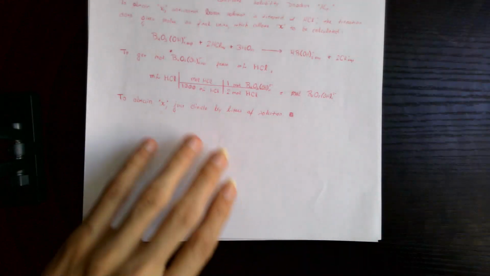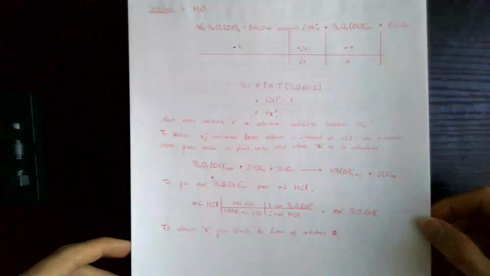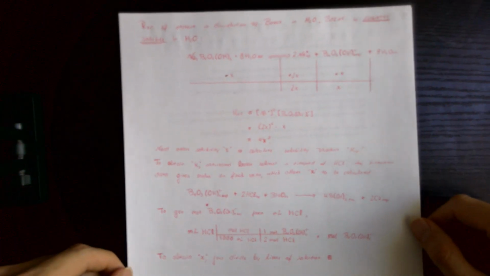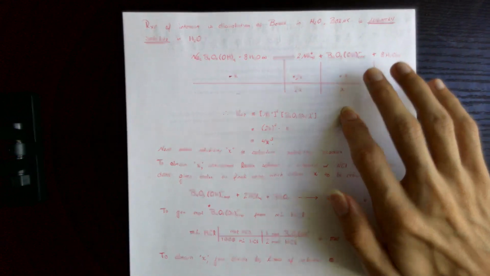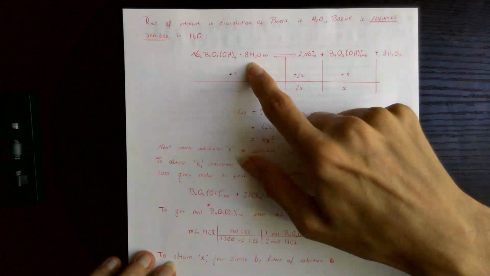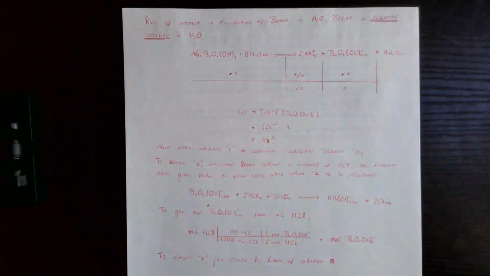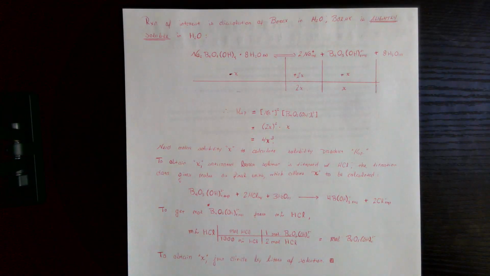As far as the actual reaction itself and how to calculate KSP, this is the reaction right here. What you would have done is taken borax, it's a compound called borax, right here, and dissolved it in water, and it's sparingly soluble.